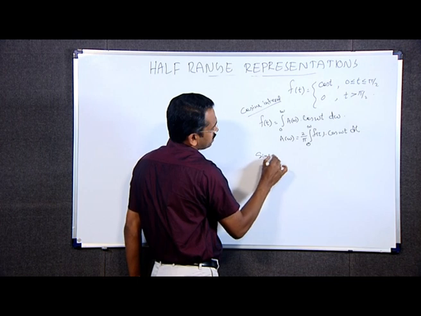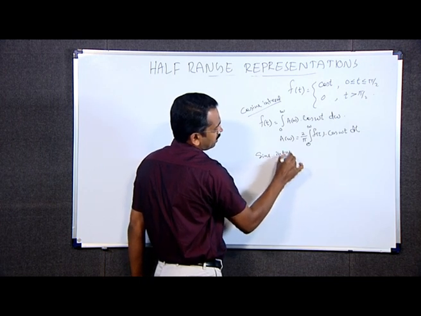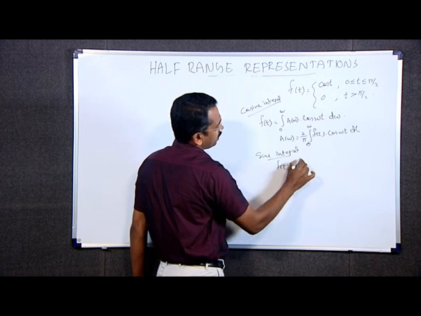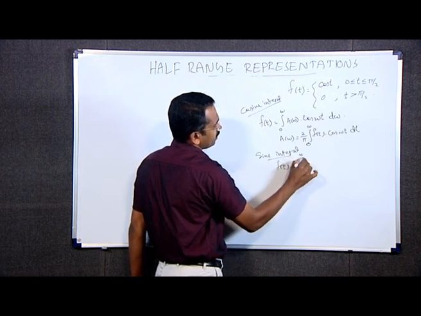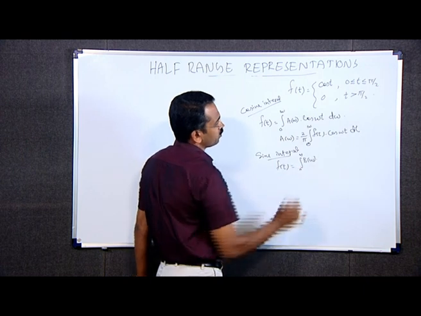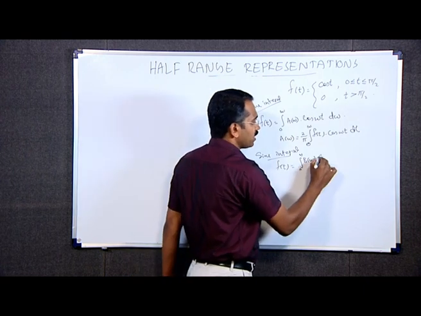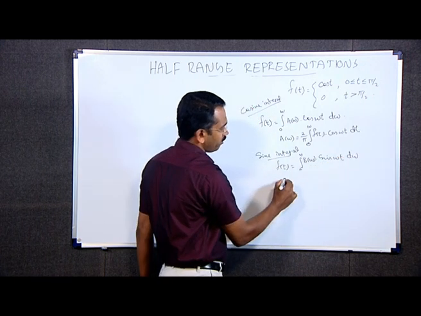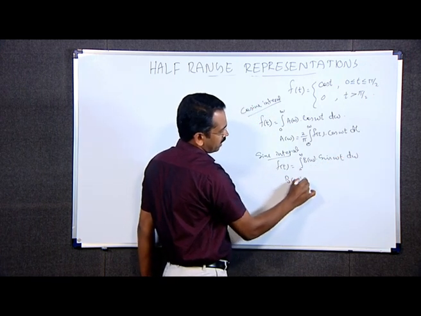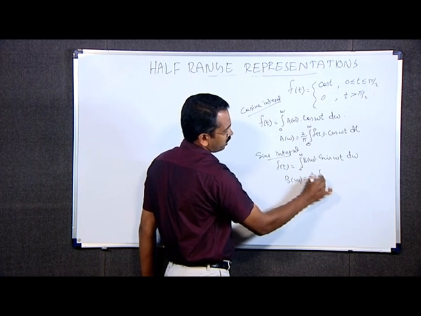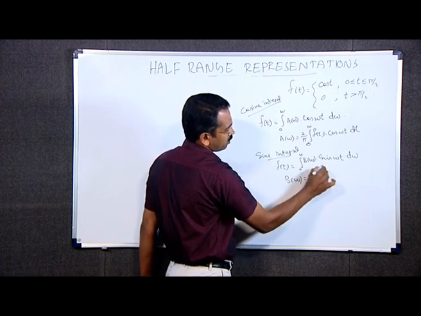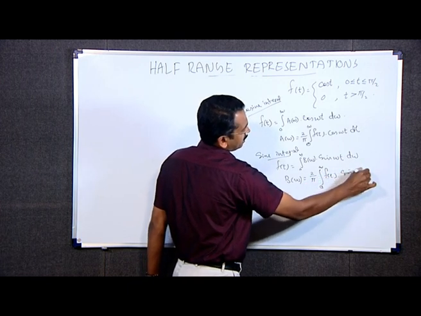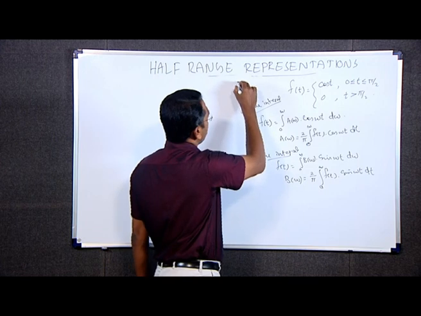And the Fourier sine integral representation is f of t is equal to integral from 0 to infinity b of omega into sine omega t d omega, where b omega is given by 2 by pi into integral from 0 to infinity f of t into sine omega t dt. These are the definitions.